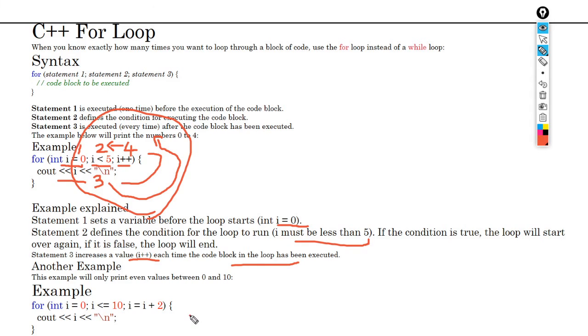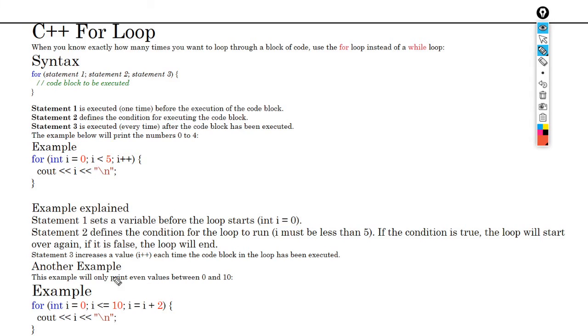Now here you can see one more example. If you want to print only the even numbers, then i equals 0, i is less than or equals 10, i equals i plus 2. When you are incrementing the value of i by 2, then it will print the even numbers. That is i is 0, 0 is less than 10, true. i is printed, that is 0.